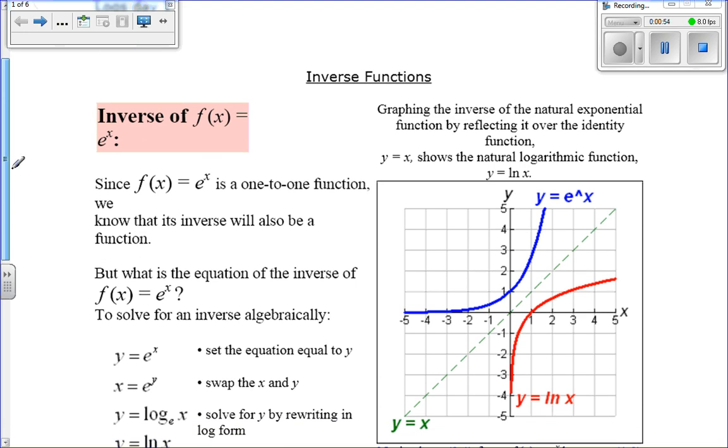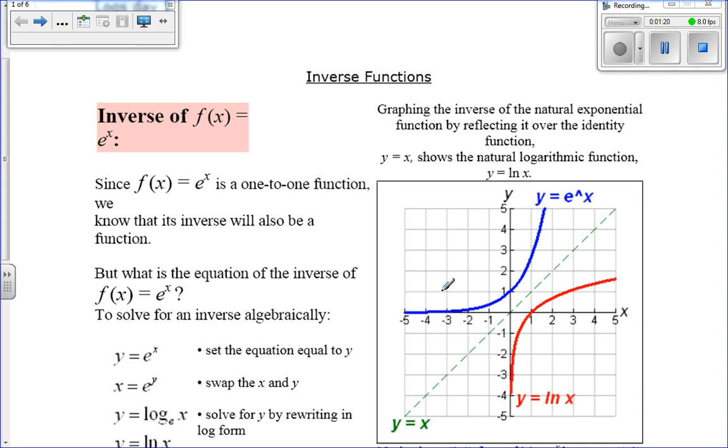So inverse functions. The inverse of f of x equals e to the x. Remember we talked about e to the x is just a number raised to a power, because e is a number, like pi, it's an irrational number. And when we graph it, over here it's the blue line, y equals e to the x.